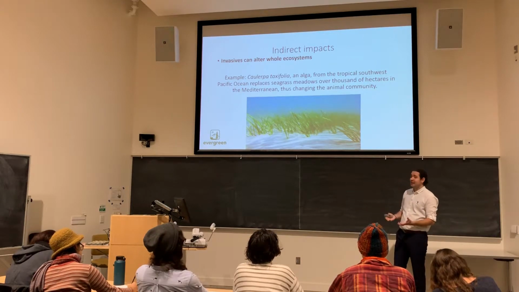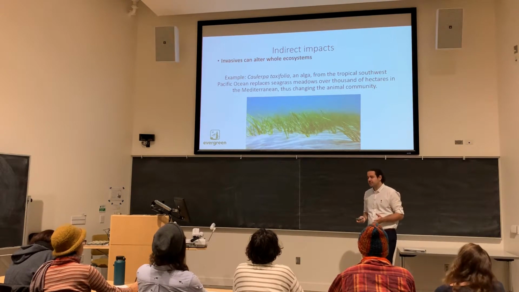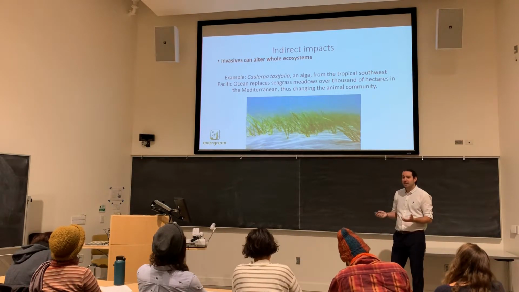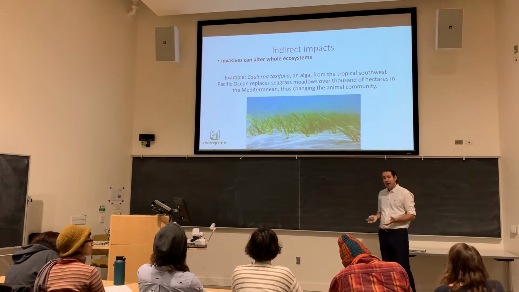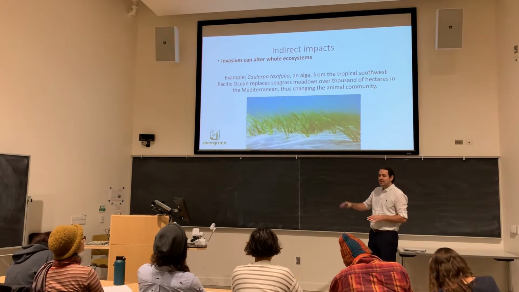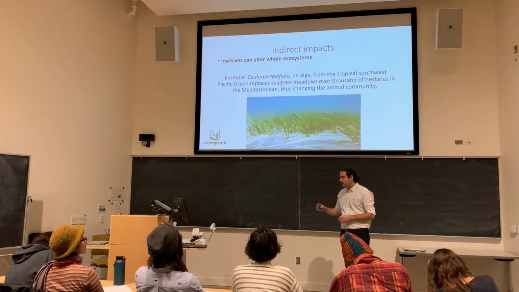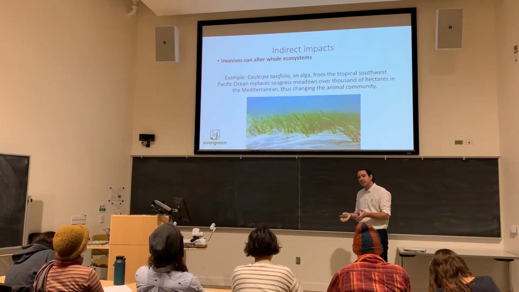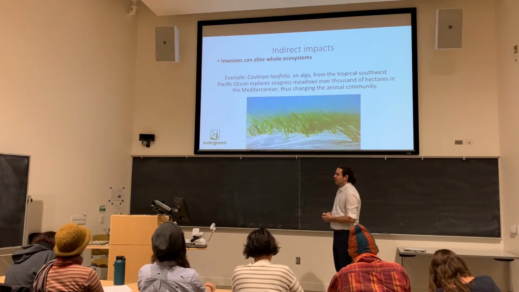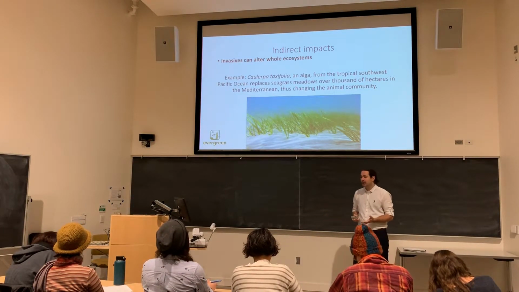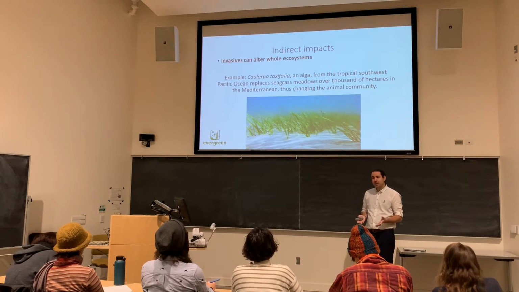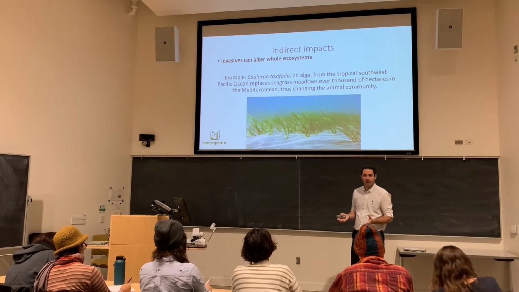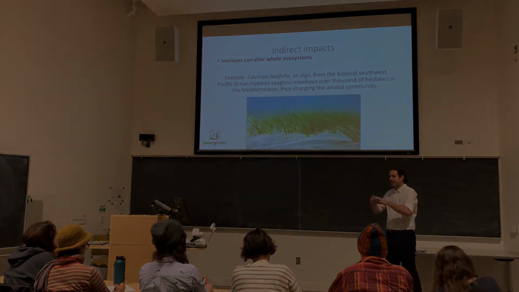Another effect is that they can alter whole ecosystems, just like this alga, Caulerpa taxifolia, in the Mediterranean. It formed meadows on the floor of the Mediterranean, changing the native animal community in that area. It's a tropical species that was accidentally introduced from an aquarium.